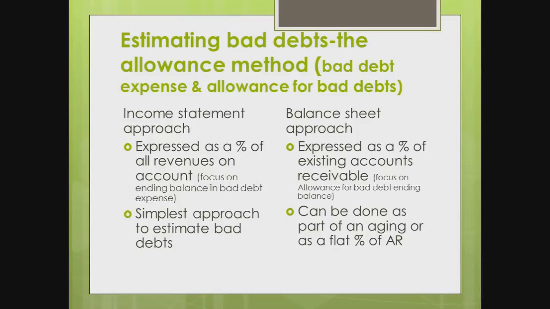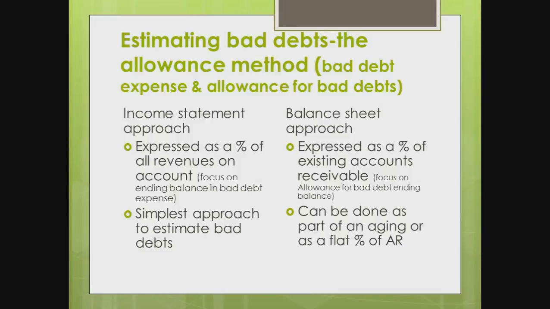One of the problems with this method is we may have to go through an aging, where we look at all the accounts receivable in the subsidiary ledgers and determine which ones are past due, which ones are not, and project percentages. But when we do the actual adjusting entry, which this bad debt estimate would be, with this approach we're going to have to deal with beginning balances and something called the allowance for bad debts.